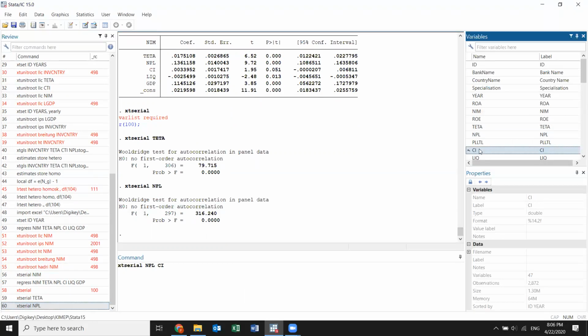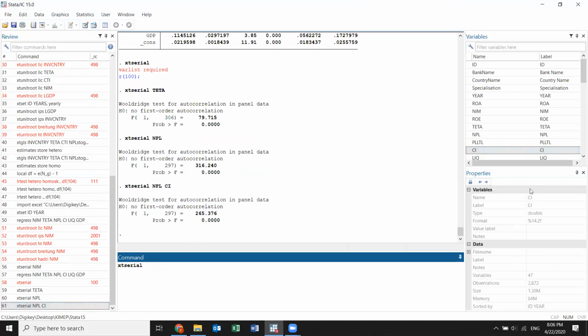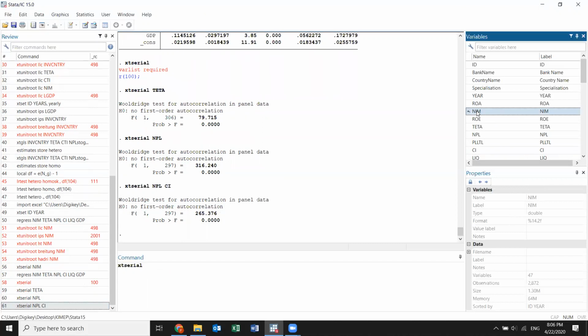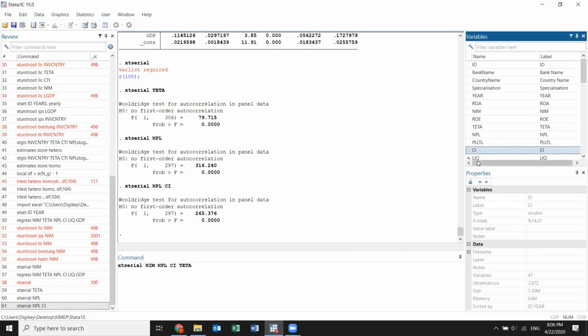Then I go with CI. Or I can just put all of the model here. Liquidity, and I put the GDP.